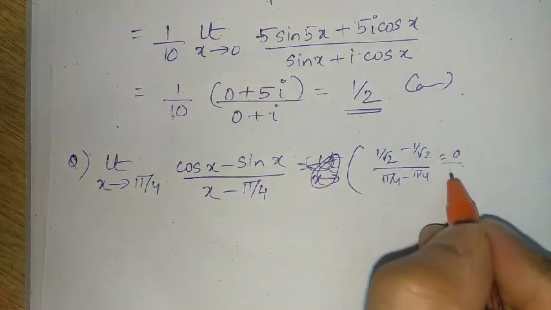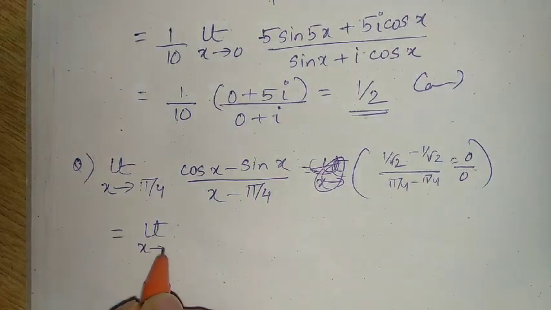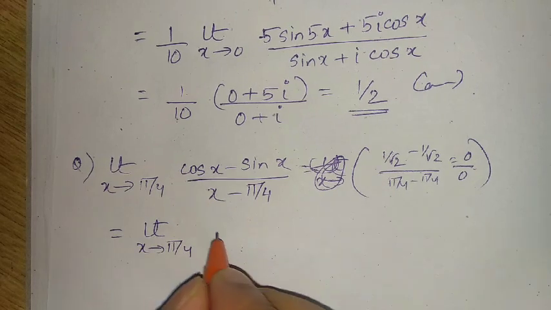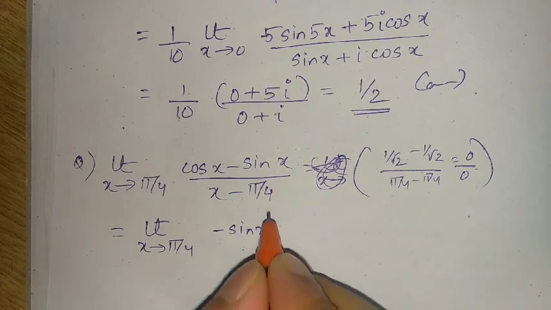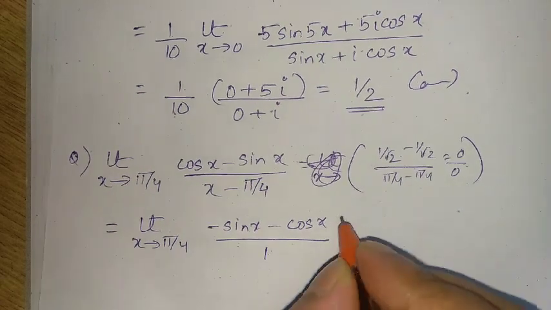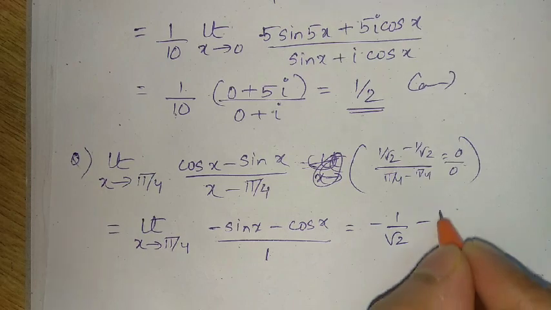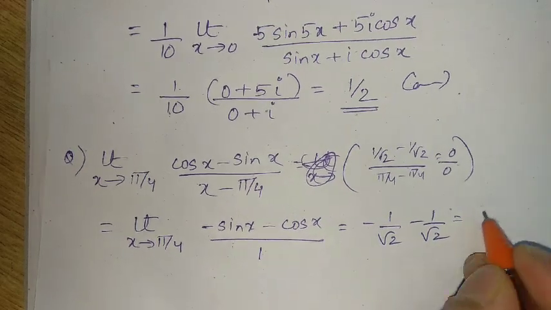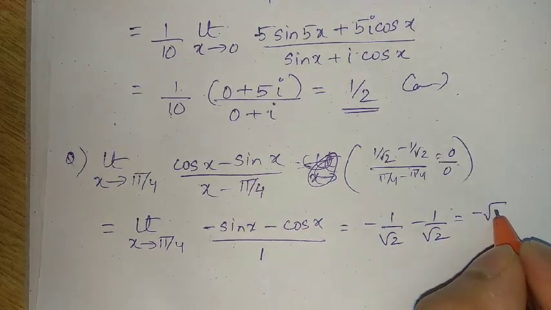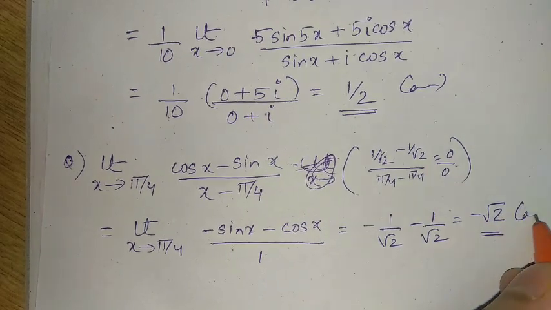So it is 0 by 0 form, and we will use L'Hopital's rule. We differentiate numerator as well as denominator. Cos x becomes minus sin x and minus sin x becomes minus cos x, and here we will get 1. Putting the values, minus 1 by root 2 minus 1 by root 2 is nothing but minus root 2. So this is our final answer.